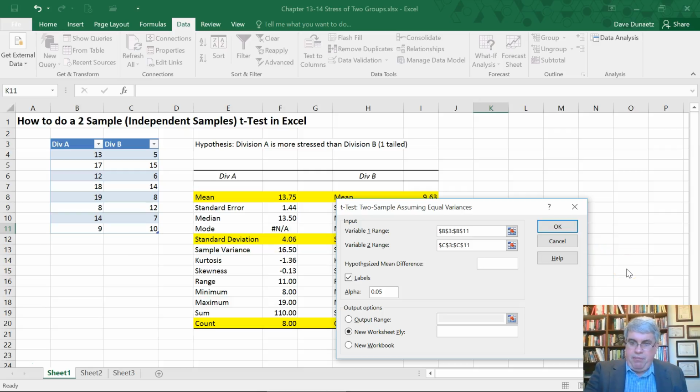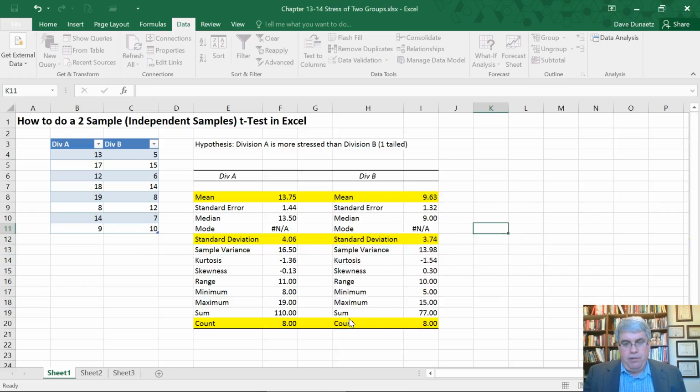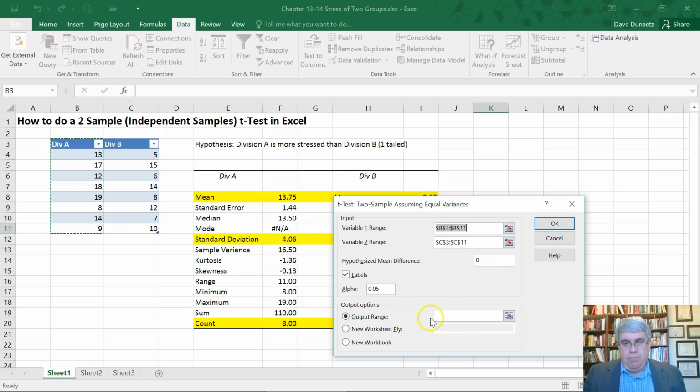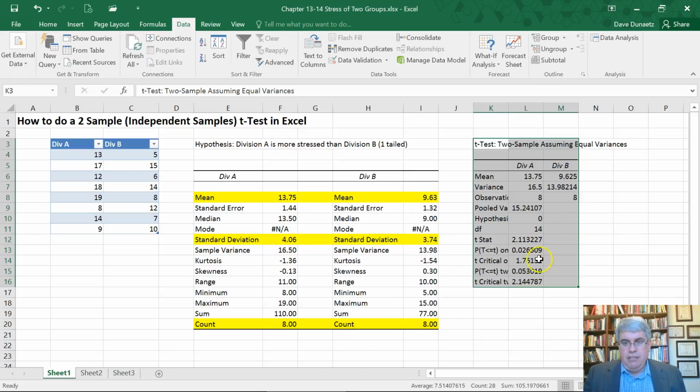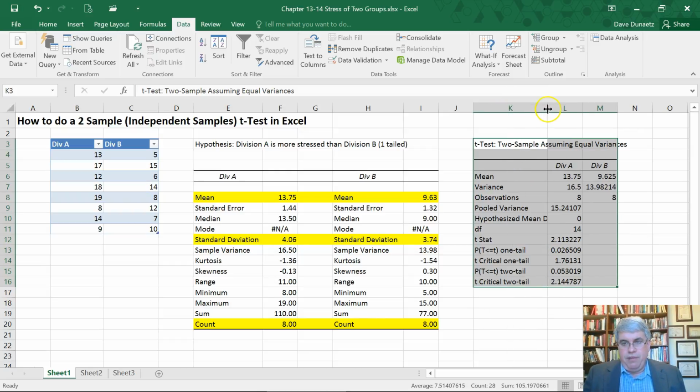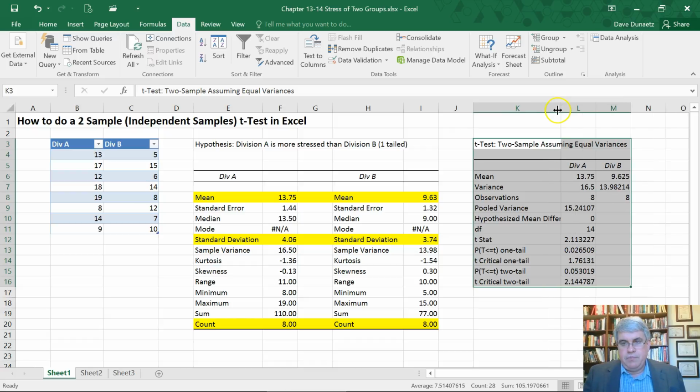We just want to find out if they're different. We don't want to find out if there's a certain minimum difference between them. And for the output range, we click in the box there, and let's just put it over here. We press OK. Now let's make the columns wider so we can read them.